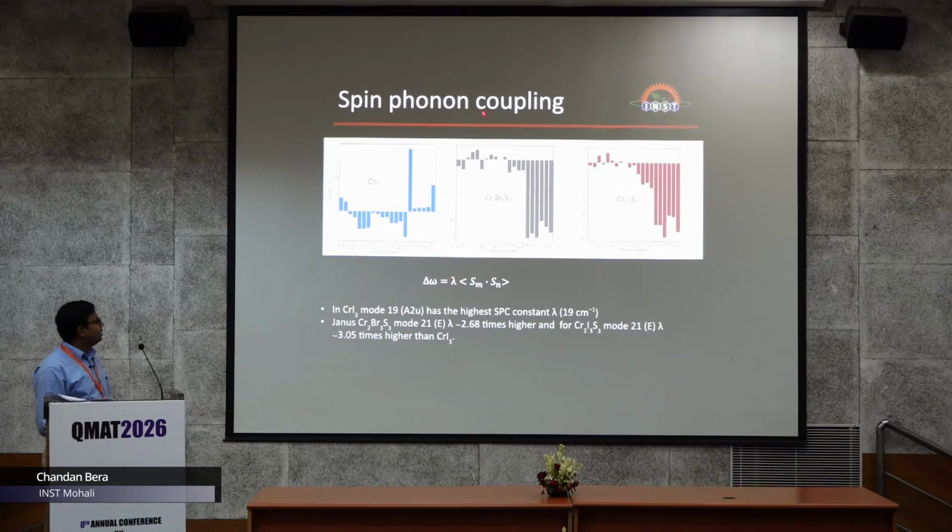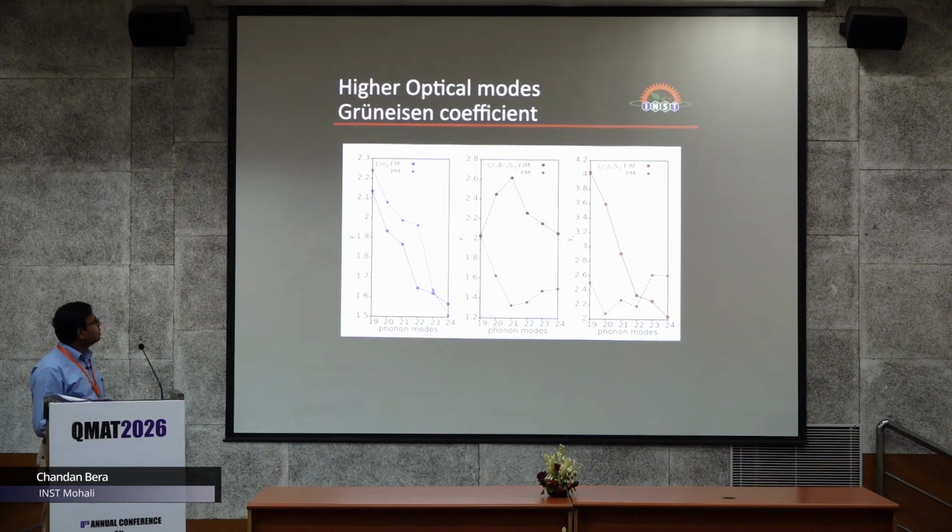We also calculated the spin phonon coupling in these three compounds. You can see here that chromium iodide has high spin phonon coupling for a few modes, but the Janus structures have very high spin phonon coupling in a lot of optical modes. Similarly, this high spin phonon coupling is also reflected in their Grüneisen coefficients.